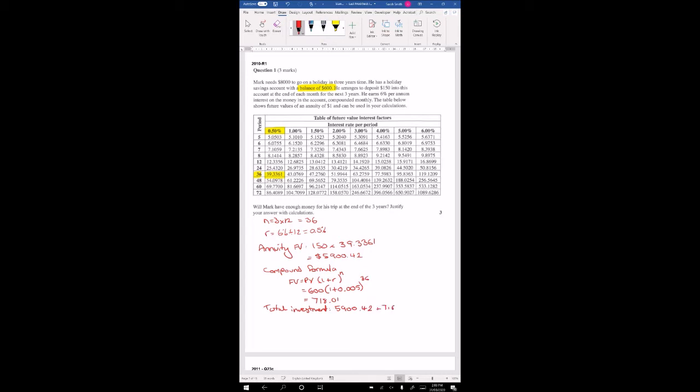So the total in his investment will be the annuity plus the compound interest, which will equal $6,618.43. Now he needs to have $8,000 to go on his holiday. So 6618.43 minus 8,000, we're going to end up with a negative number.